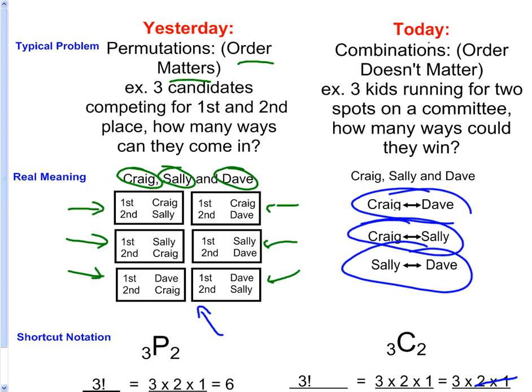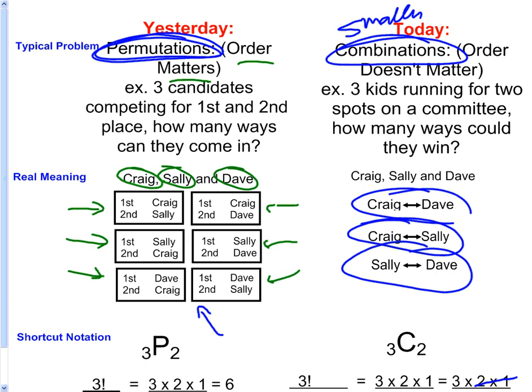These answers are always smaller than these answers because the order doesn't matter. The only time that's not true is when you are only choosing one person, because then even if I say the order matters, it really doesn't, because there's only one person and therefore I can't reverse it with anybody. Okay? So these answers are always smaller.